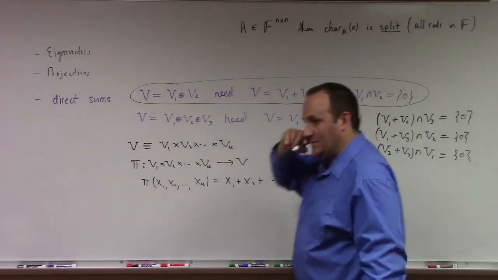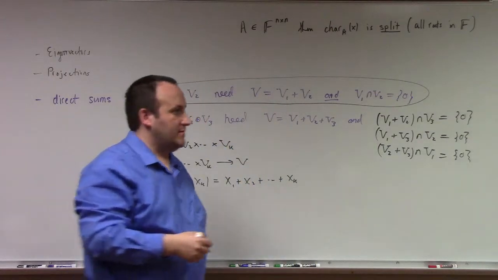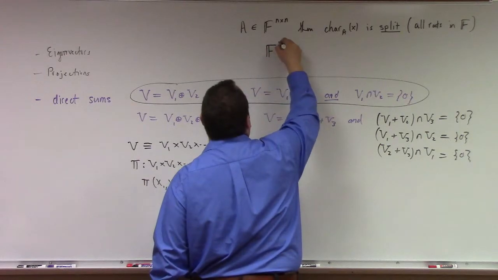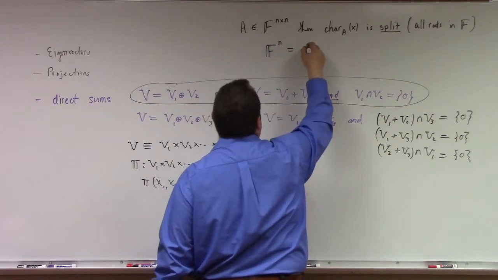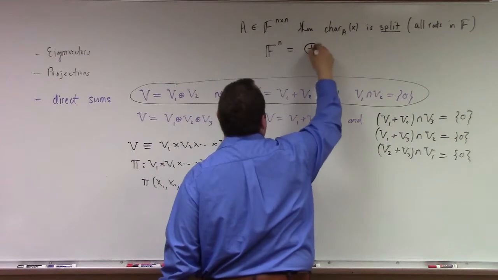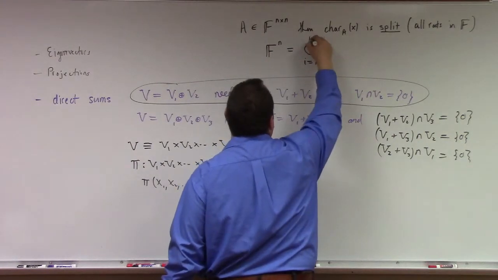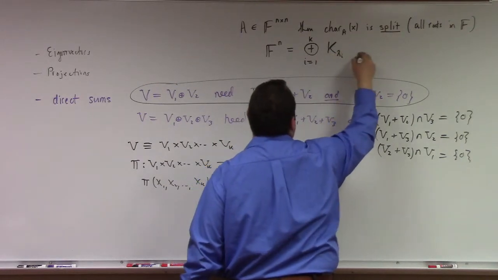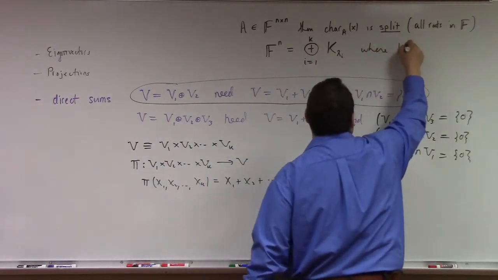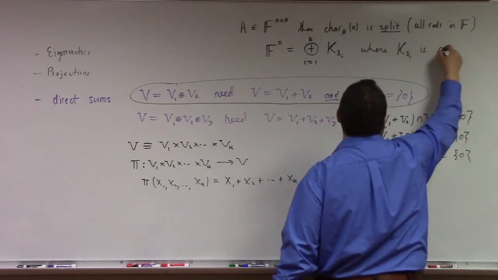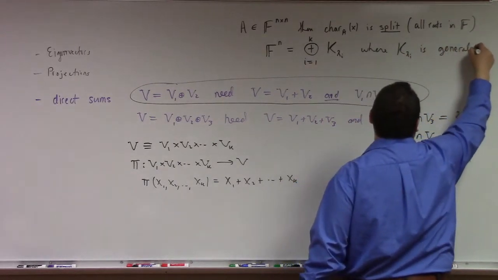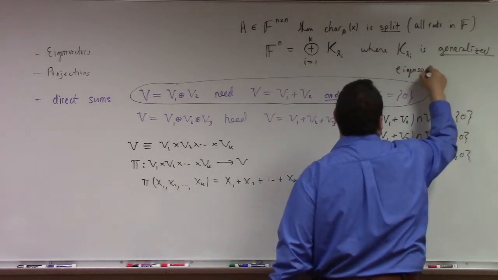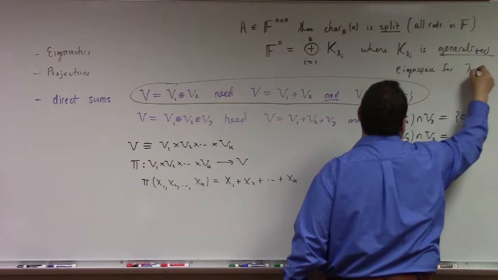If that's the case, then in fact, if you want me to, I could tell you what the story was. The story basically is that F^n can be written as the direct sum, i equals 1 to k, of, let's say, K sub lambda i, where K sub lambda i is the generalized eigenspace for lambda equals lambda i.